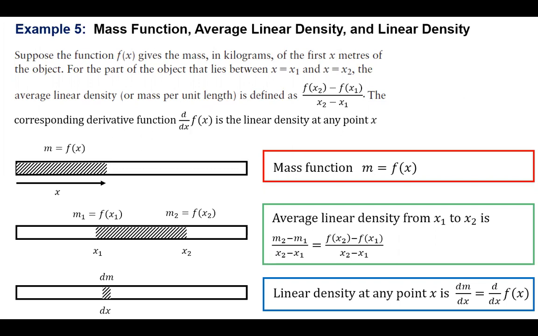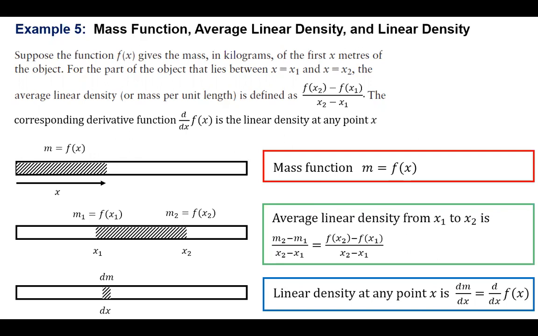For example, let's have a look at the three diagrams here. The mass function is m equals f(x). This gives the mass of the first x meters of the object. And then we can find the average linear density from x1 to x2.